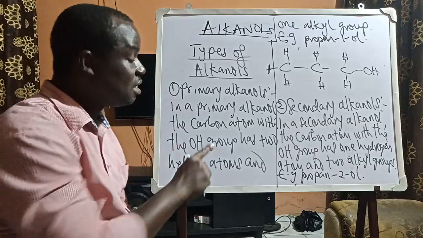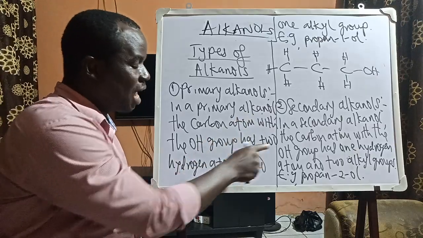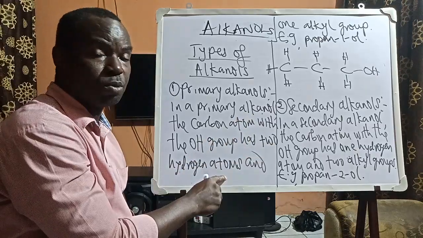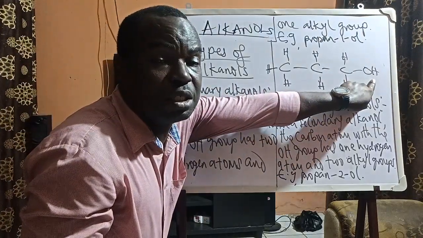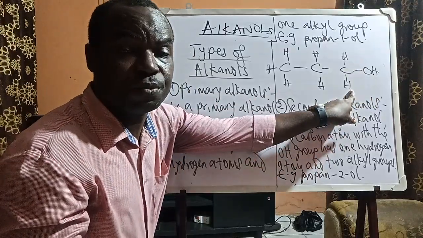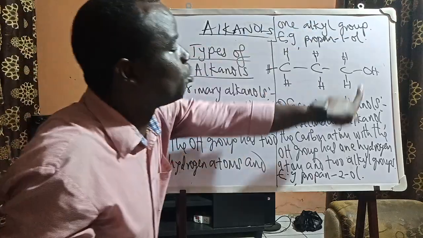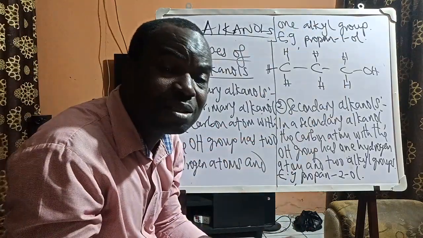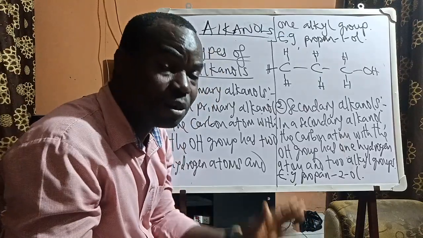Now let me use this to explain so that you can have an understanding. It says, in a primary alkanol, the carbon atom with the OH group has two hydrogen atoms. Now let us look at the carbon. You can see the carbon atom that has the OH group. Can you see it? It has two hydrogen atoms. Are you seeing it now? It says that and one alkyl group. So alkyl simply means carbon or carbon chains. Take note of what I said.